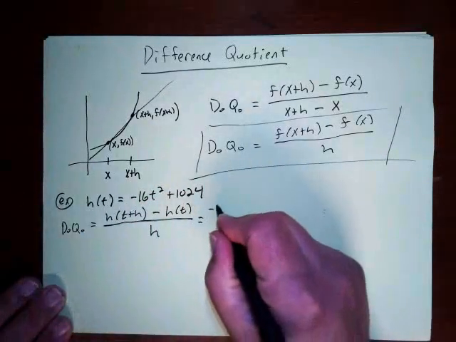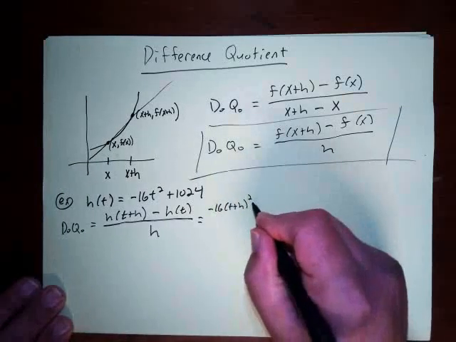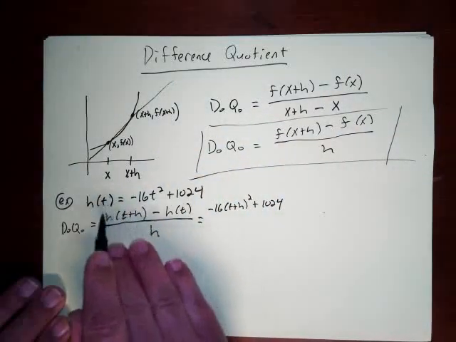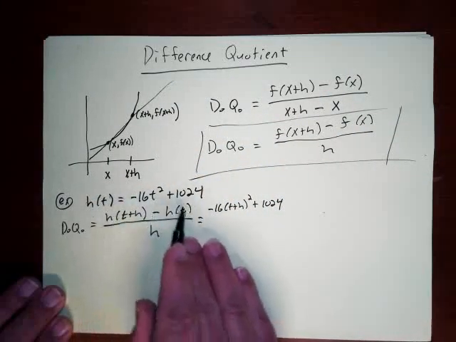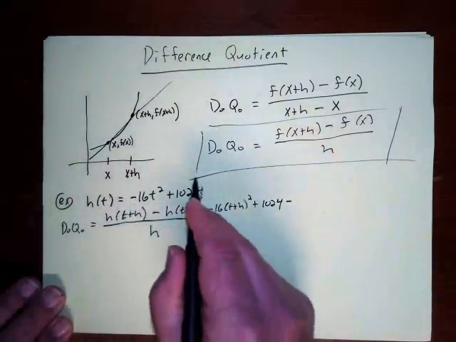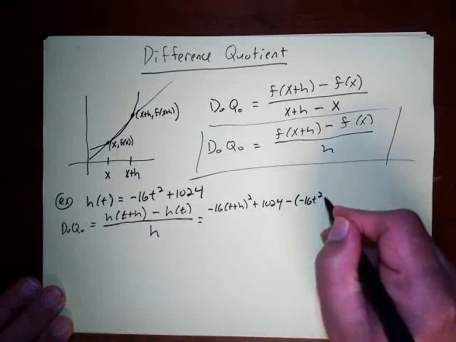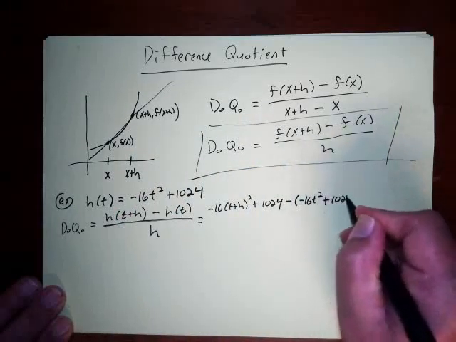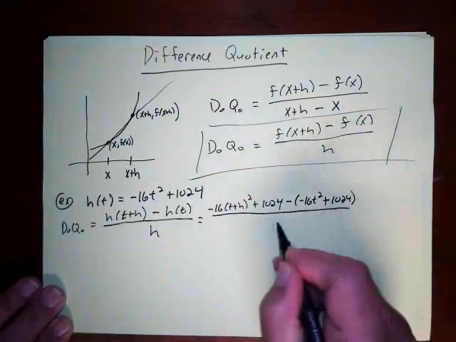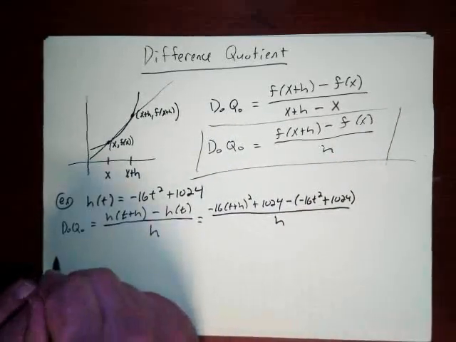And when I do, I get negative 16 times (t plus h) squared plus 1024. So that's just this part. And then I'm going to subtract h of t, which is just the regular function. So that's negative 16 t squared plus 1024. And then all of this will be divided by h. Okay?